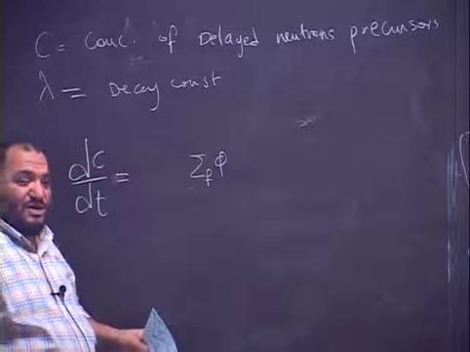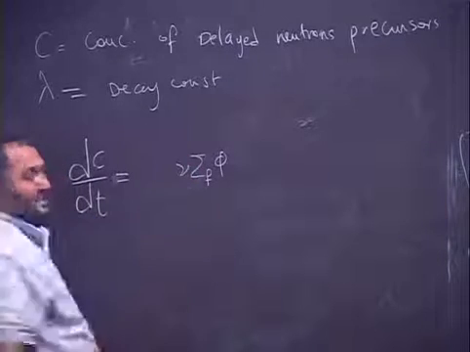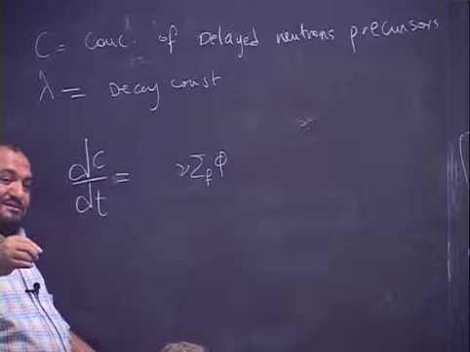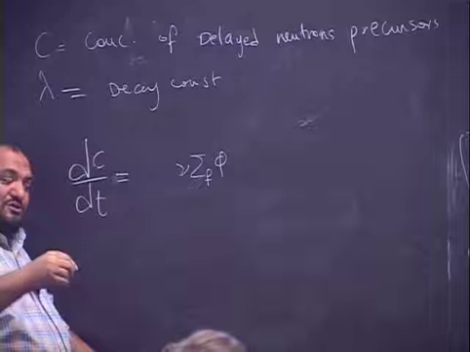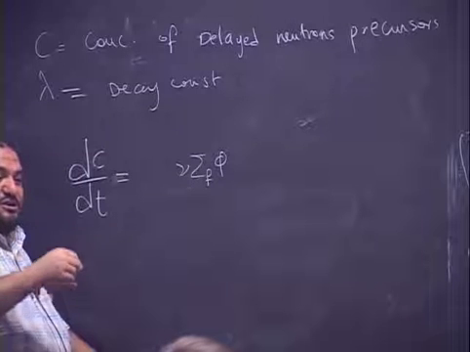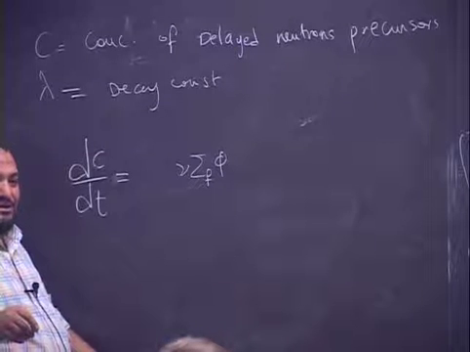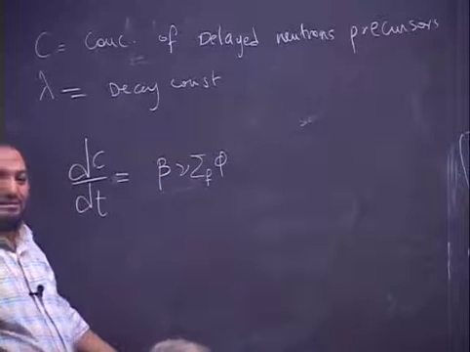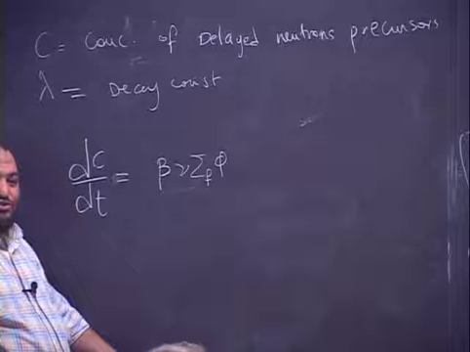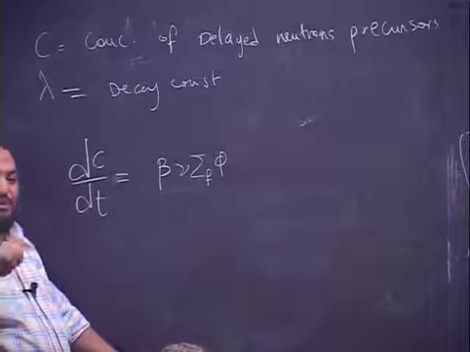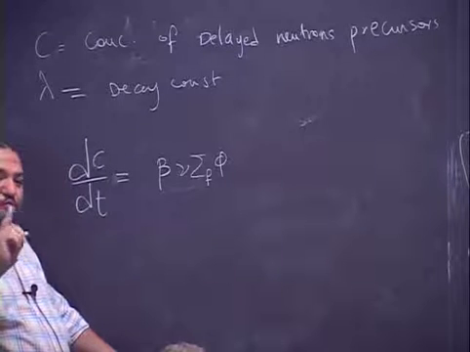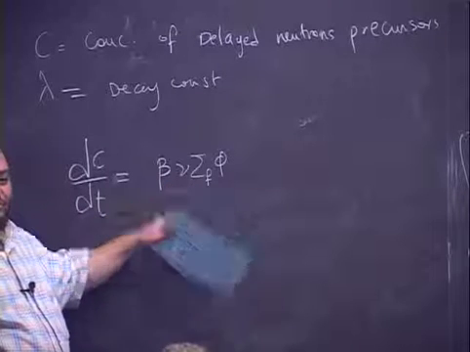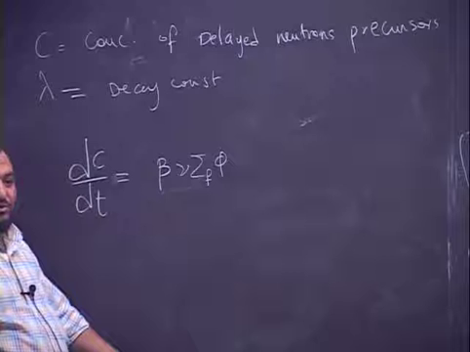If you multiply this by nu, this is the total number of neutrons produced per fission, per centimeter cube per second. But beta of those neutrons are delayed neutrons. If we assume that every delayed neutron comes from one delayed neutron precursor, so this is the rate of production of delayed neutron precursors.